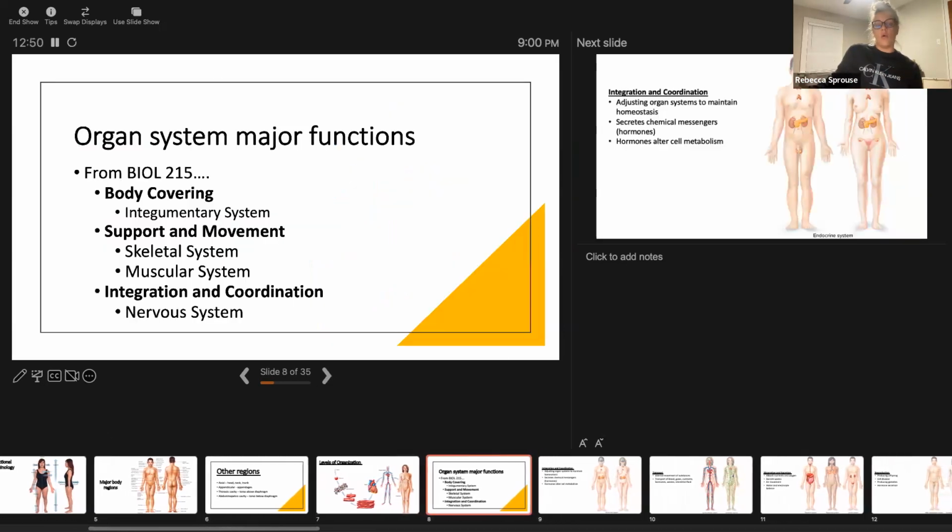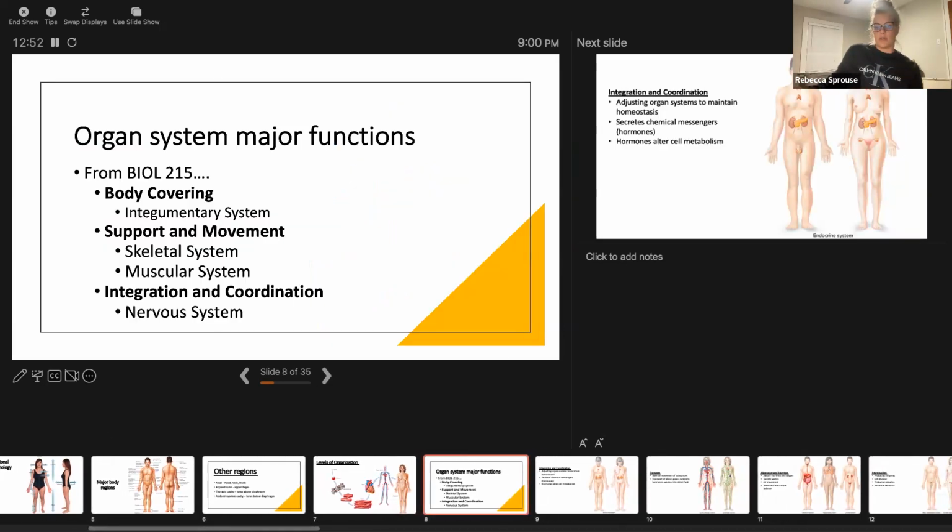Okay, so just basic functions of these organ systems. We're not going to go into huge detail until we get to them each week, but just to recap, from BIOL216, if you've had it or if you're going to take it, you will talk about 4 systems. You will talk about the integumentary system, the skeletal system, the muscular system, and the nervous system. And major functions: body covering, obviously, like protection.